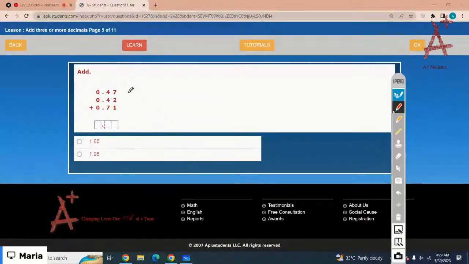Okay, add 7, 8, 9, 10. 1 carry. 6, 1 carry. It would be 1.60. Got it. The correct option is 1.60.